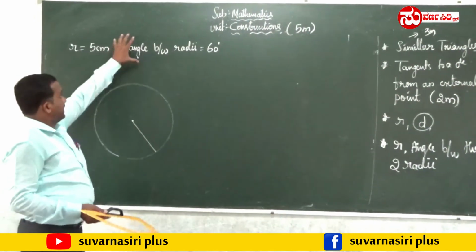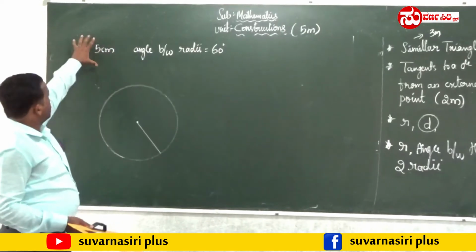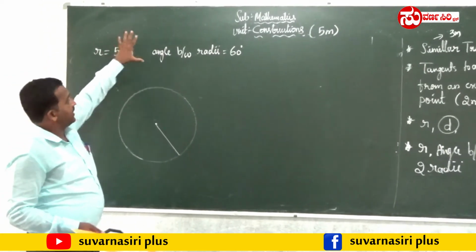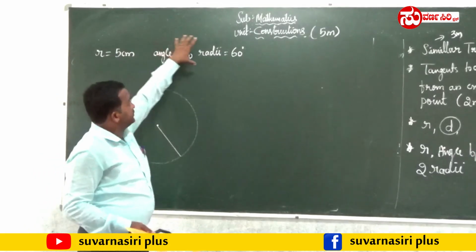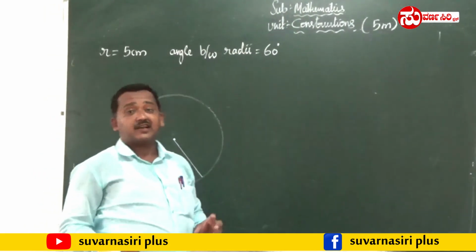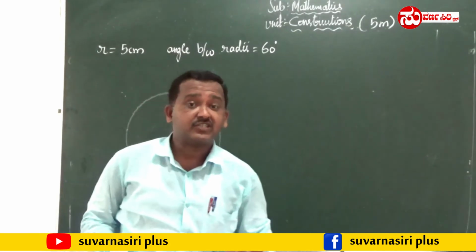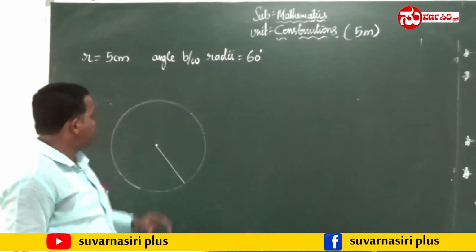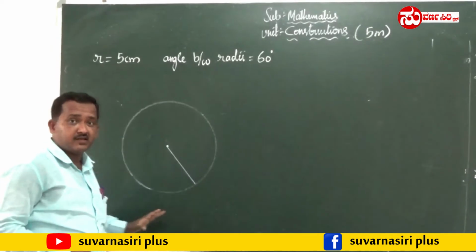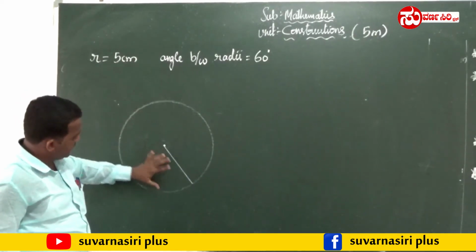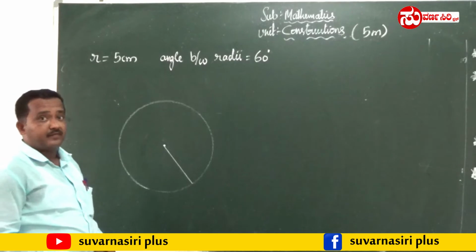So here we have an example. Draw a circle of radius 5 centimeter where the angle between the two radii is 60 degrees. Construct a pair of tangents to that circle. This is one example. First you have to draw a circle of radius 5 centimeter. So one radius I have drawn here.